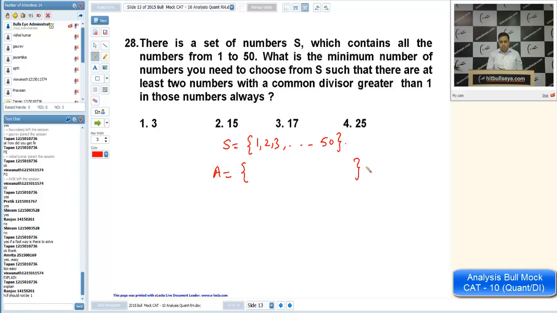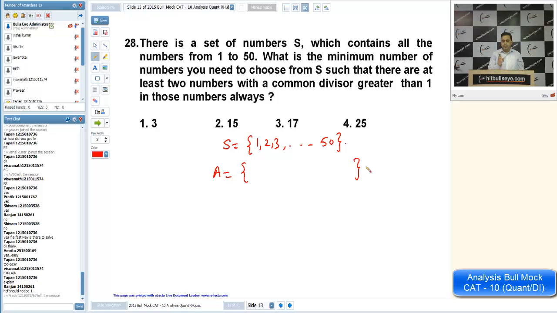Yes, the common divisor should be greater than 1. The numbers should not be co-prime. So we want to find the set A in which there are at least 2 numbers whose GCD or HCF is greater than 1.